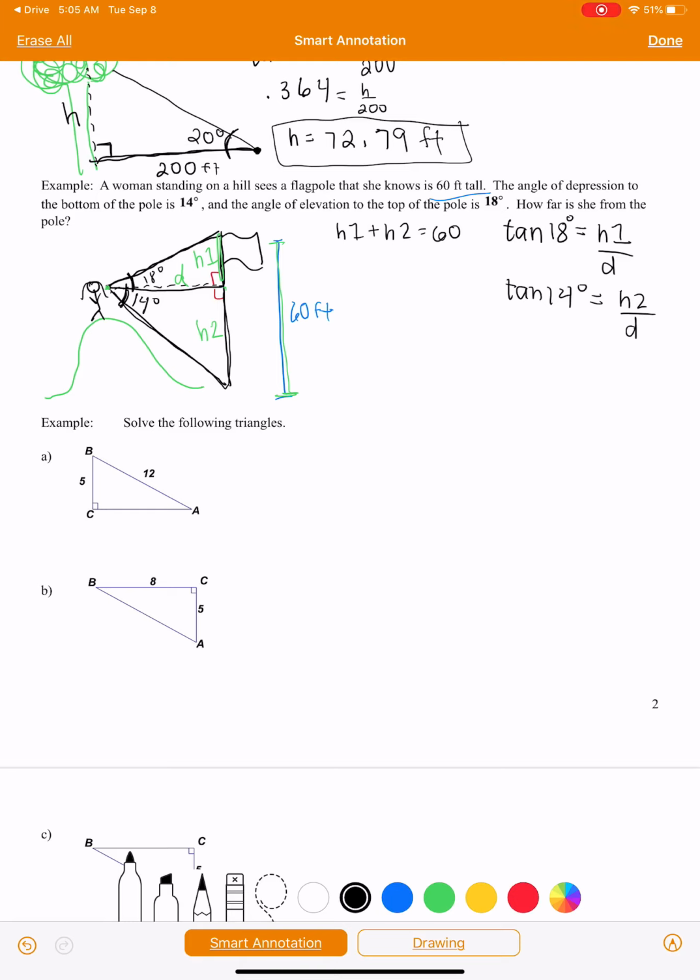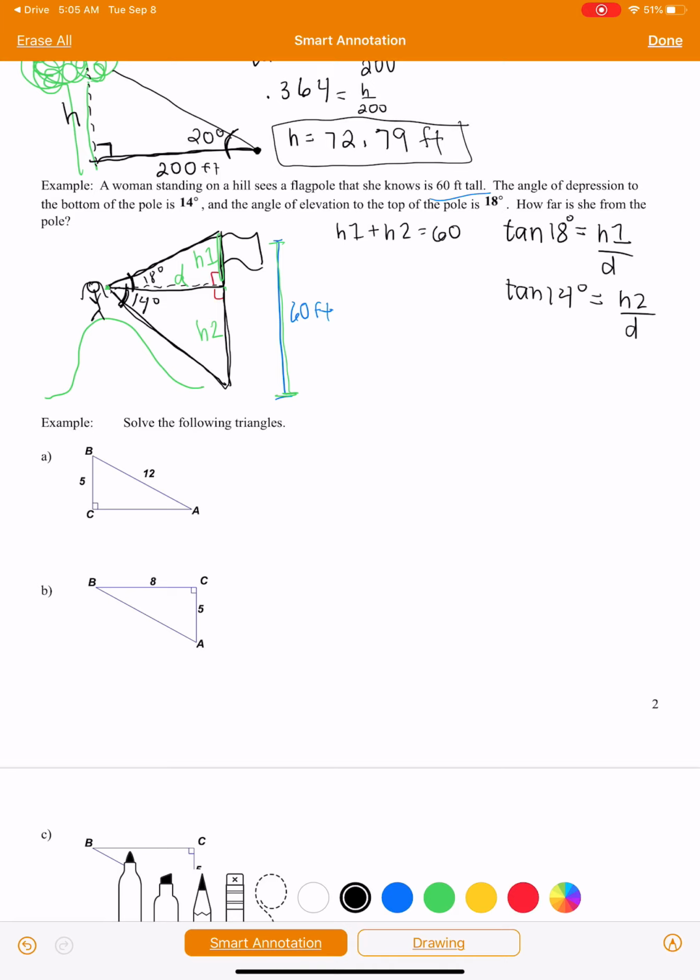Okay, so what I want to do, guys, is manipulate these two trig ratios to figure out what our side length D is. I'm going to move these around.